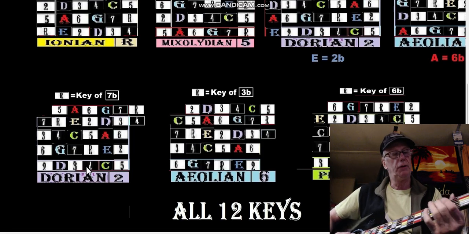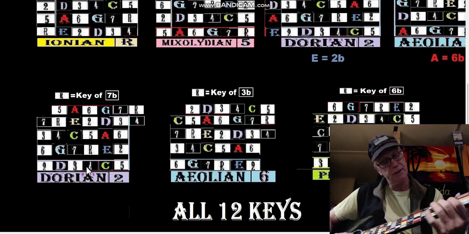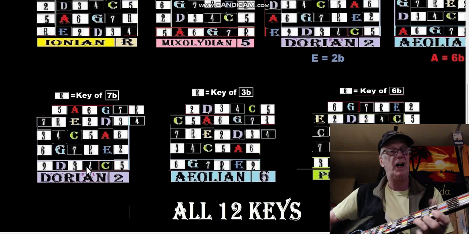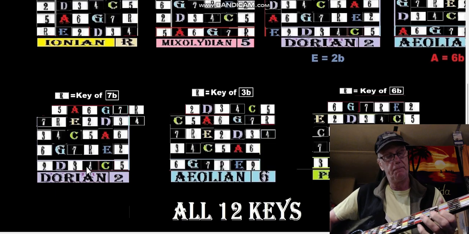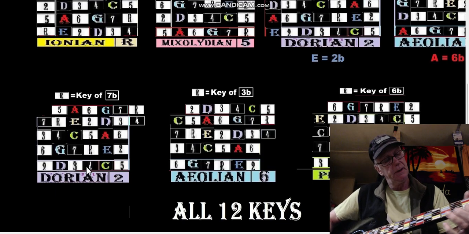Or the long one: 2, 3, 4, 5, 6, 7, root, 2, 3, 4, 5, 6, 7, root, 2, 3, 4, 5. Now if that's a minor, you play that D minor, it would be here.